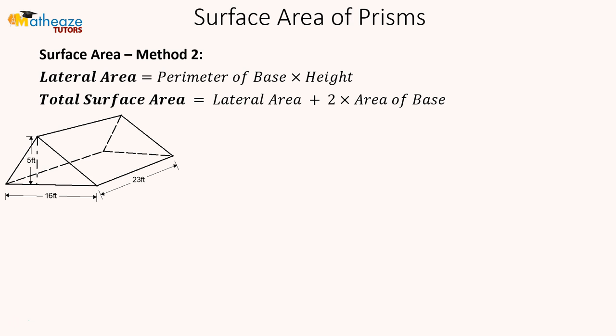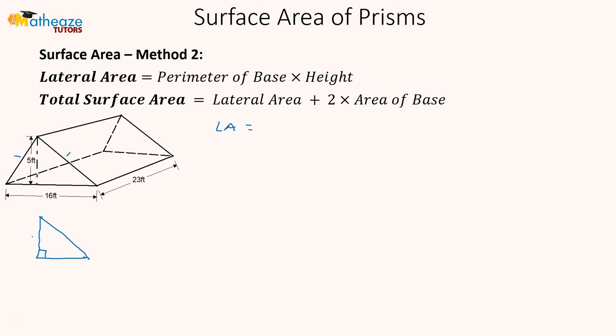For this triangular prism, we're also going to apply the same thing. We need to find the lateral area, which is the perimeter of the base. Now, the base is the triangle actually, so for the perimeter, we need to find each of these sides. And we safely make an assumption that this altitude divides the triangle into two parts. So we have a right triangle that looks like this.